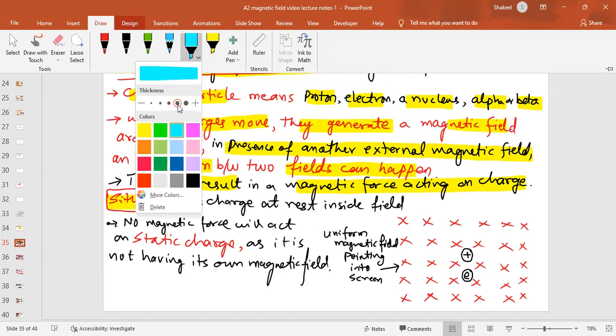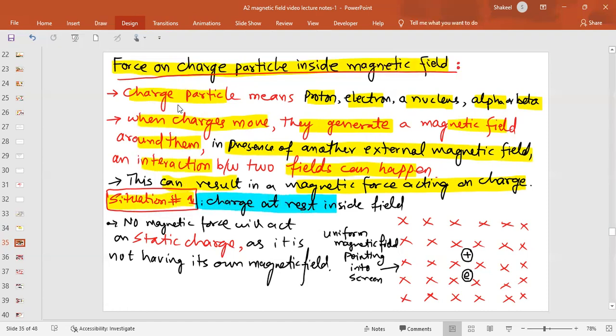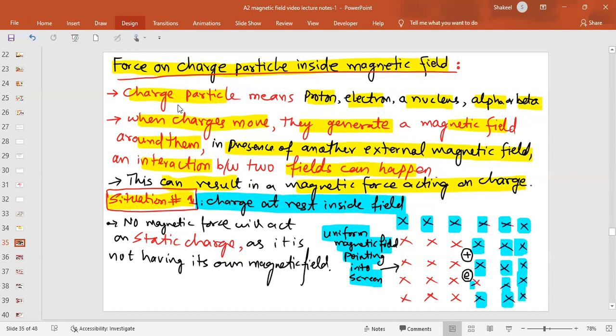So first of all, the first situation is the charge at rest inside the field. As you can see, the series of crosses represent the uniform magnetic field pointing into the screen. All these crosses are part of a uniform magnetic field that is pointing into the plane of the paper.